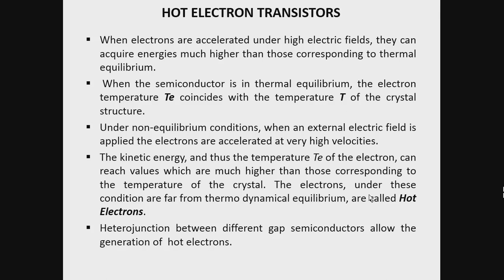Under non-equilibrium conditions, when an external electric field is applied, the electrons are accelerated to very high velocities, possessing kinetic energy. The kinetic energy, and thus the temperature Te of the electron, can reach values which are usually much higher than those corresponding to the temperature of the crystal.